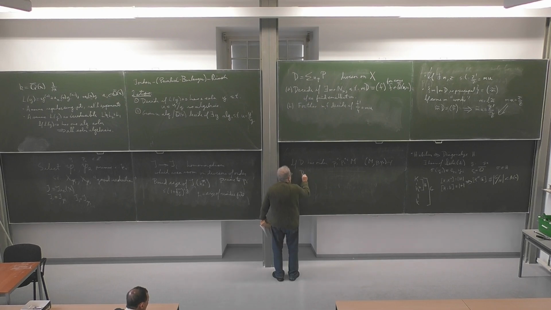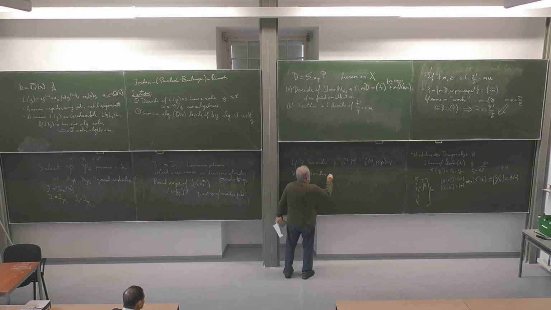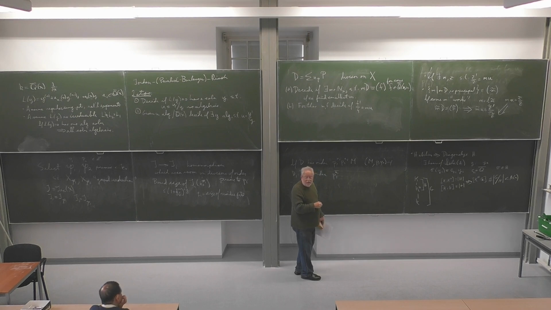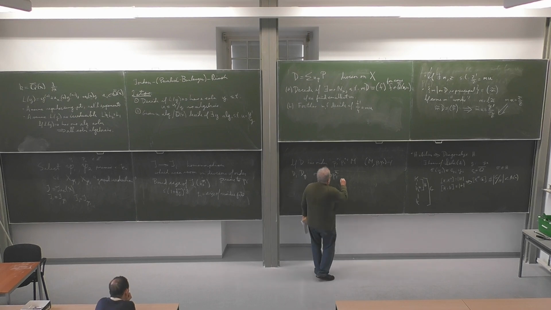If I reduce mod P1, I get a homomorphism. So the order is going to be, I don't know what's going to happen with P1, but it'll have order at most N1. I preserve this. This is still okay.